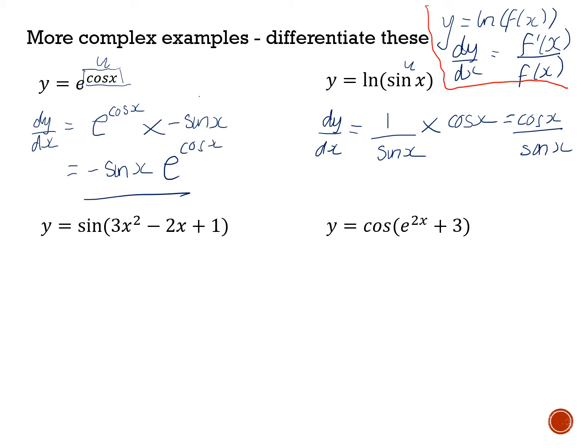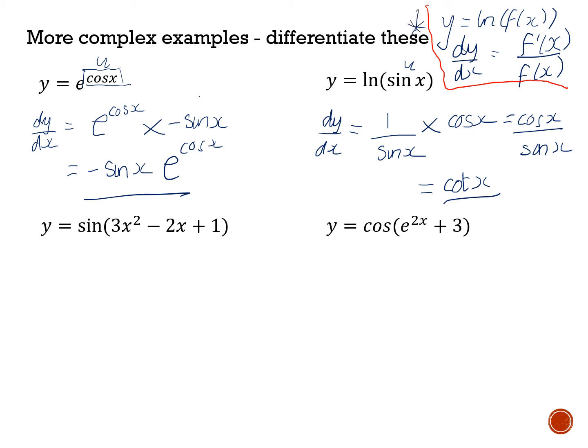You can see why that's the case where we've done the chain rule here. But if you just remember that, you can use that every time when you do lns. So when you do lns, it's the differential of the thing in the bracket on the top, and the thing in the bracket on the bottom. How can I write cos x over sine x? 1 over tan. Do you remember what 1 over tan was? Cot. Okay, so do remember that bit with your lns.